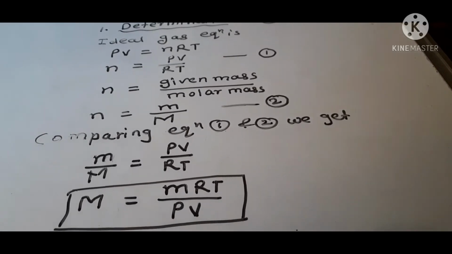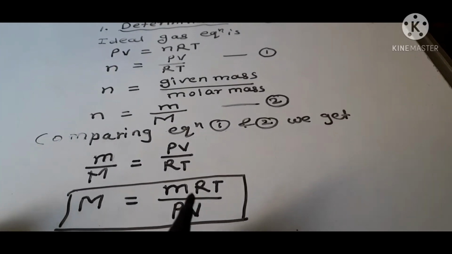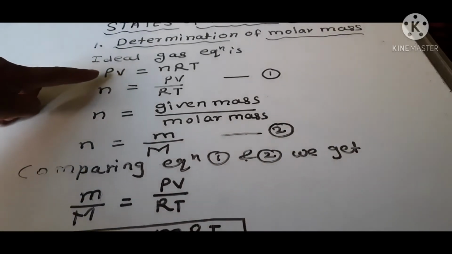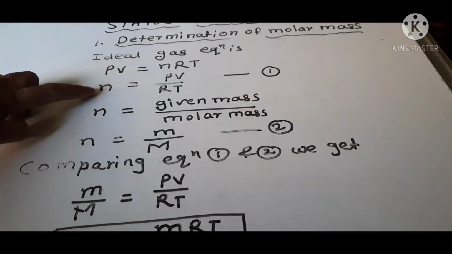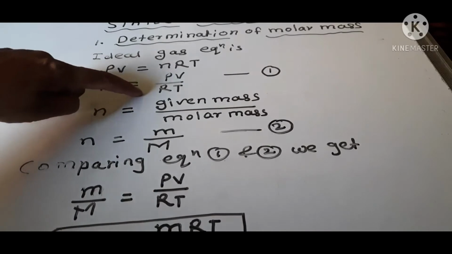Okay, then the next topic is the relationship between molar mass, density and pressure. I will repeat this again. First, PV equals nRT. Then rearrange this equation, n equals PV upon RT.